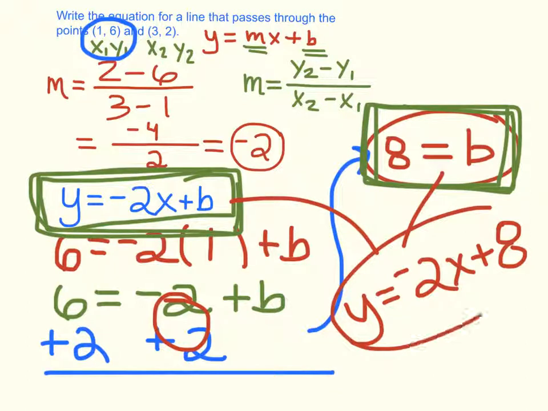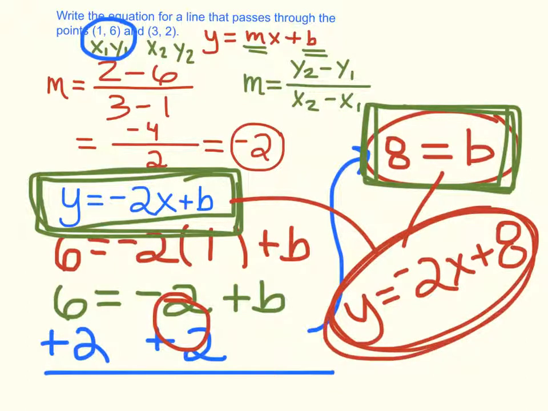Notice that our final equation is in that y equals mx plus b form. We have written y equals, and then we've written our slope of negative 2, and then next to it is our x, and then added on at the end, we've filled in our y-intercept. So the final equation starts with y equals, has a number in front of the x, and has a number added at the end.